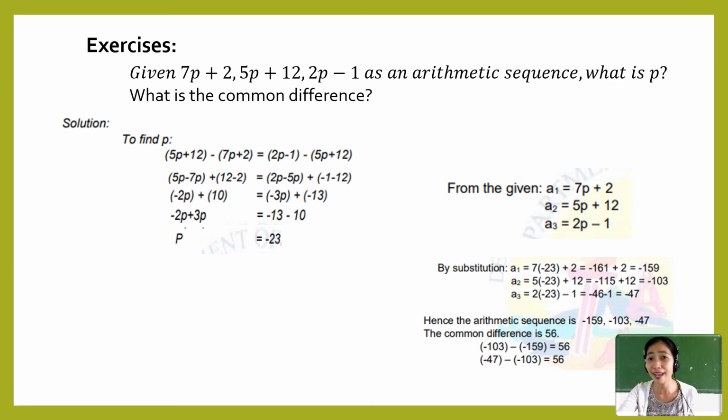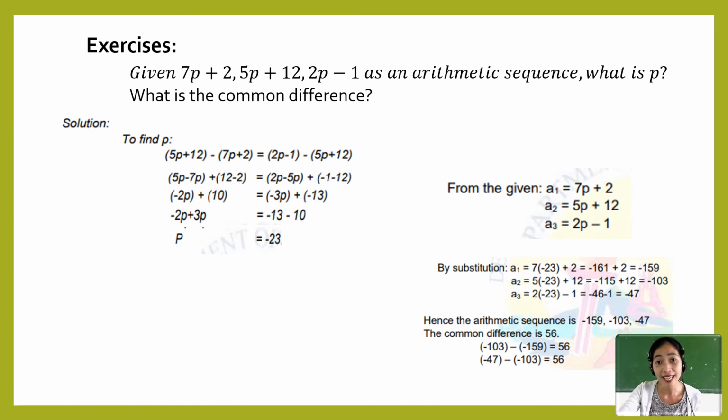Hence, the arithmetic sequence is negative 159, negative 103, negative 47. To get the common difference, you subtract negative 103 minus negative 159, that is 56. Negative 47 minus negative 103 will also become 56.